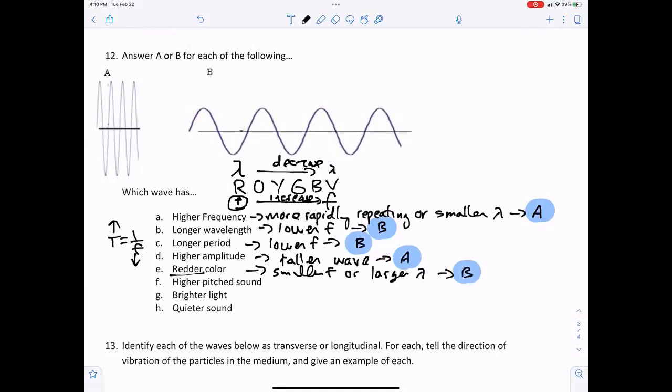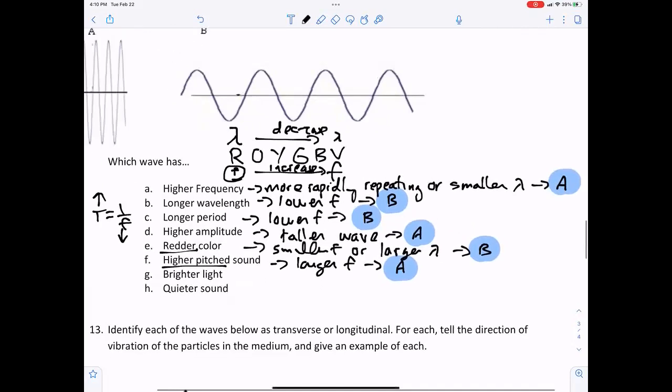Okay, higher pitched sound. Higher pitch goes with the one with the larger frequency. Larger frequency would be A. It's repeating more often than B. Brighter light. Brighter light goes with the one that has the greater amplitude, because brightness corresponds to intensity, which matches the amplitude of the wave.